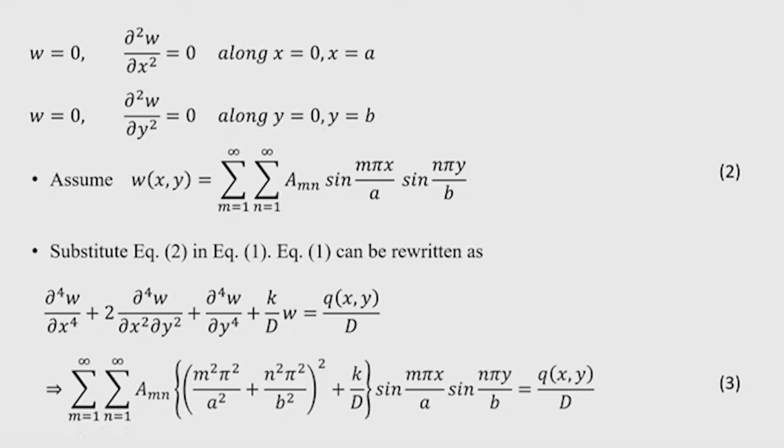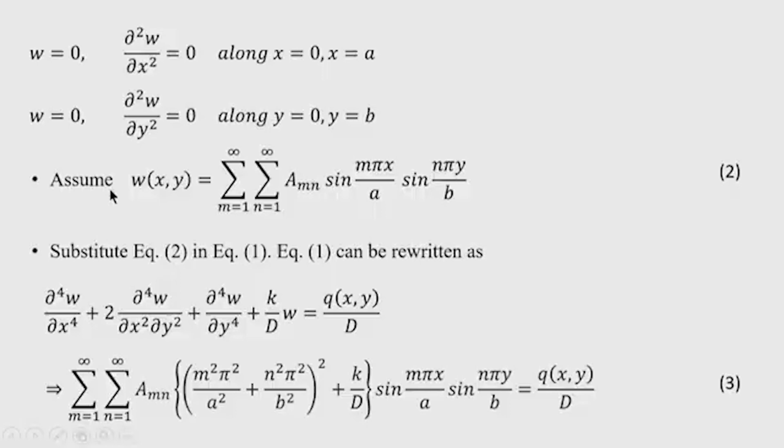So, regarding the curvature along the x direction, you can see that the plate edge y = 0 is parallel to the x axis. Okay. So, if it is parallel to the x axis, then there cannot be any curvature along the x axis. So, the curvature term with respect to x is omitted here. Similarly, here also you can see this condition.